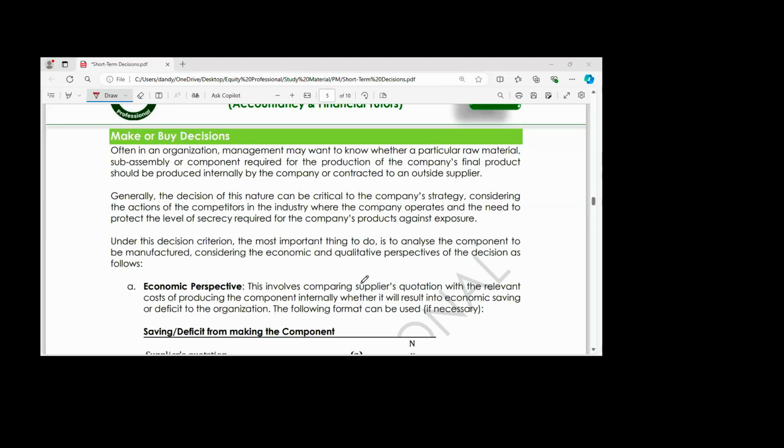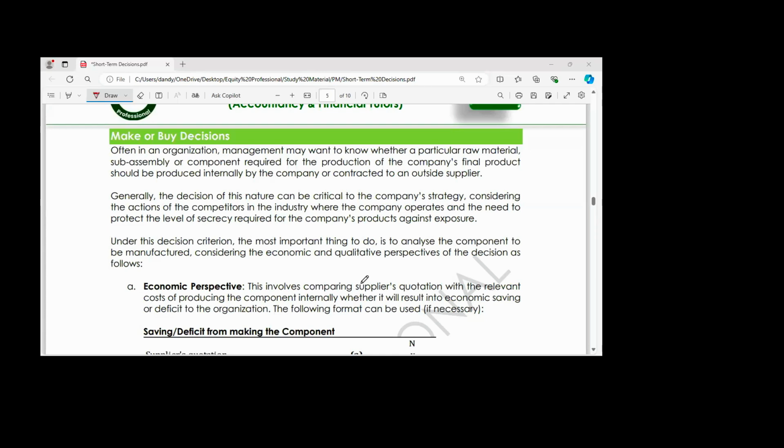So generally, the main purpose of make or buy is to achieve savings for the organization and to ensure that a reliable supplier is available to satisfy the requirements. Those are the two things that will make an organization contemplate whether to make or to buy a component.